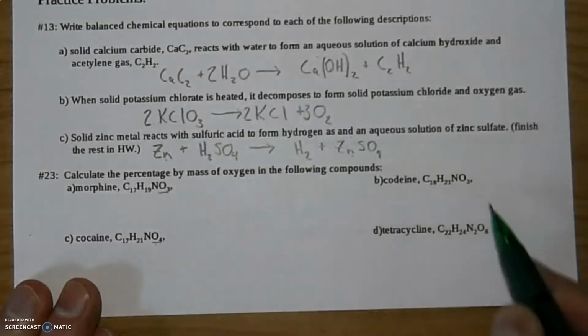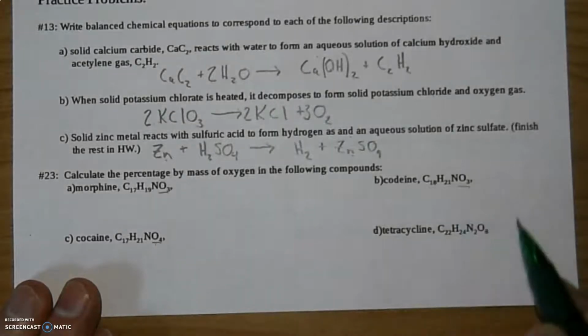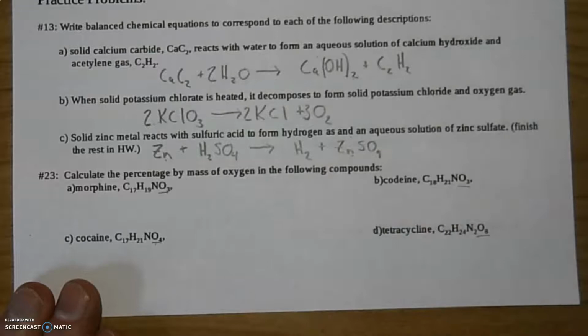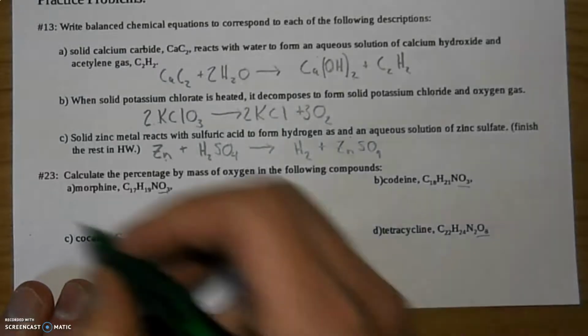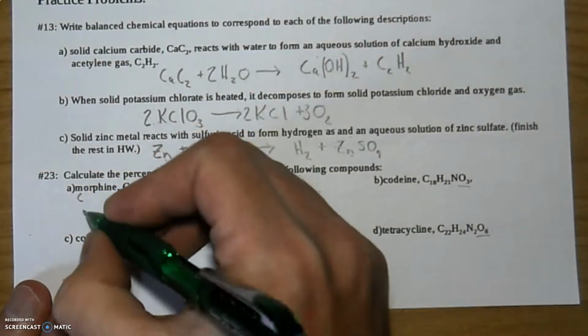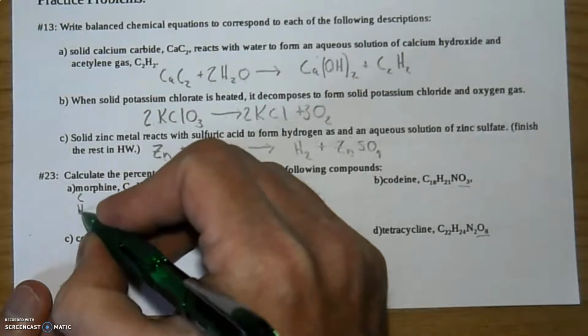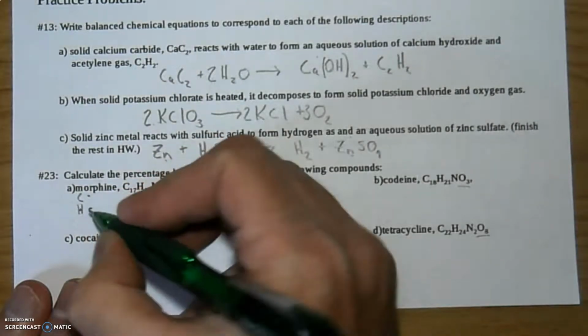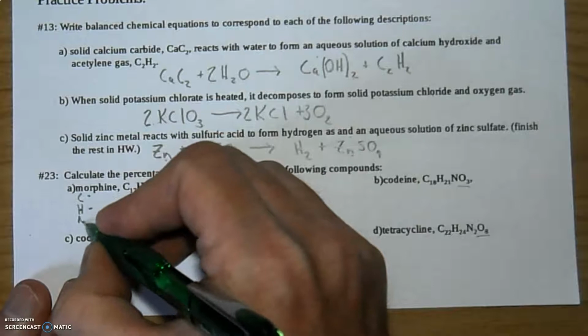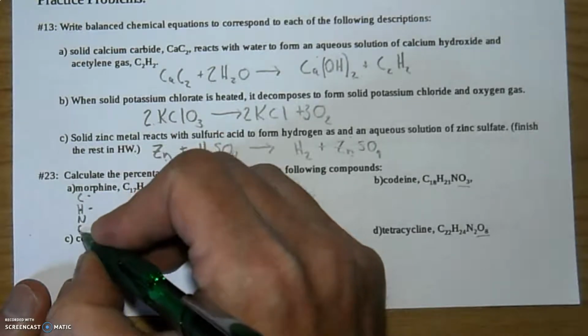So the way you have to do it is figure out the part of the whole. We need to figure out what the whole mass is and then just deal with the oxygen portion. So the way I would look at this, and I didn't leave you a lot of room here, at least on my copy, figure out how much for each of these guys.